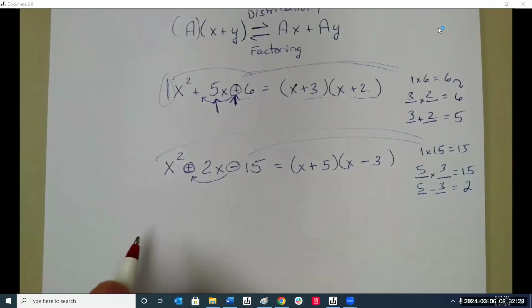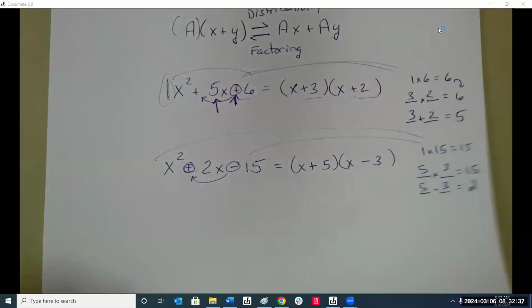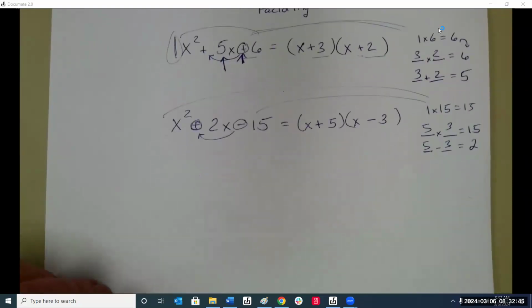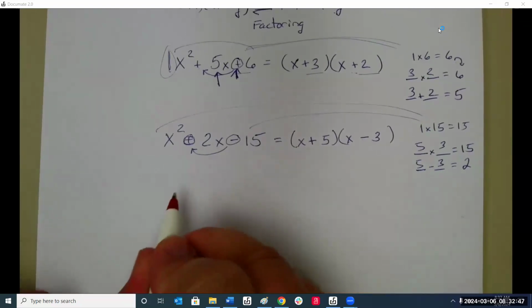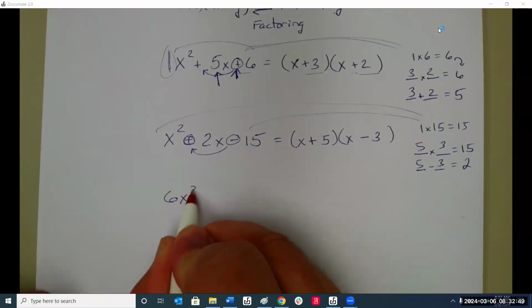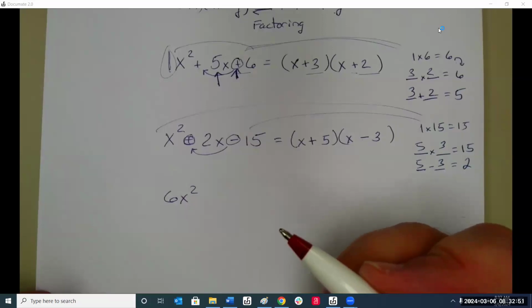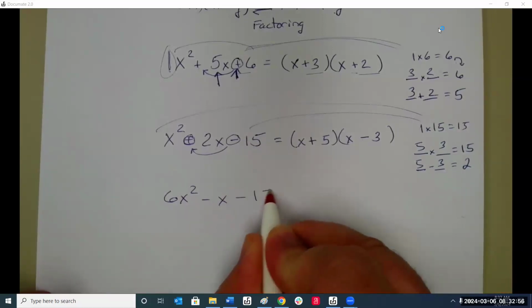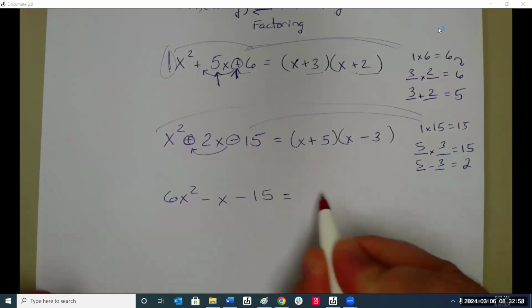Okay, ready for another one? Let me do this one. Okay, so I want 6x squared minus x minus 15.